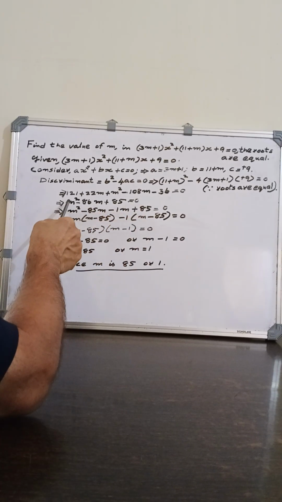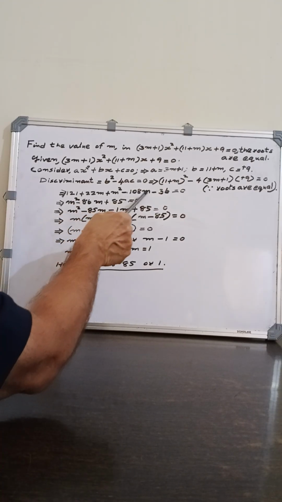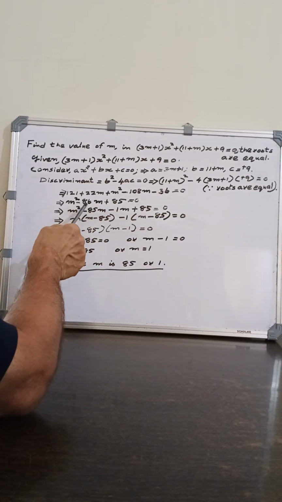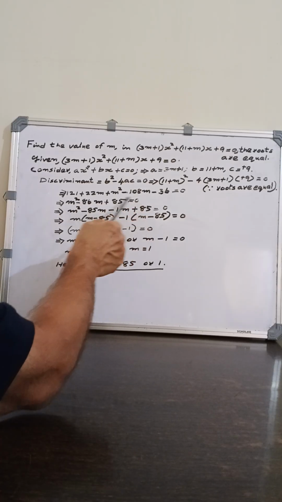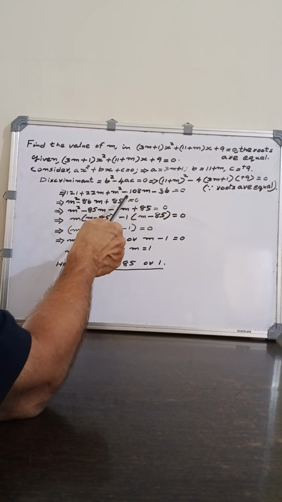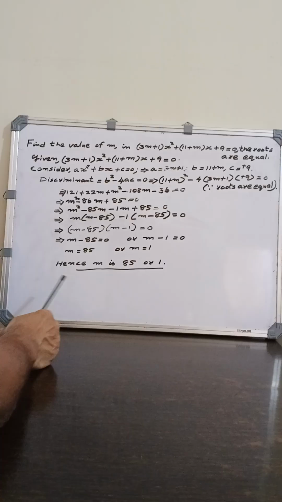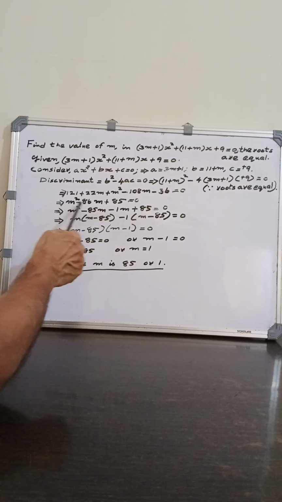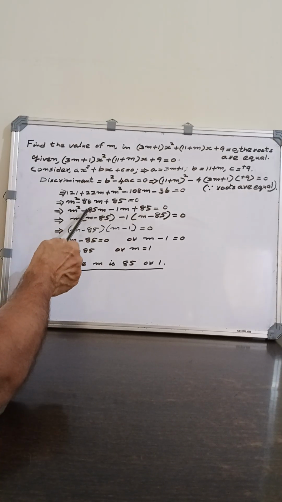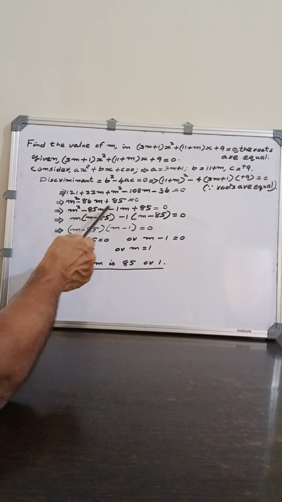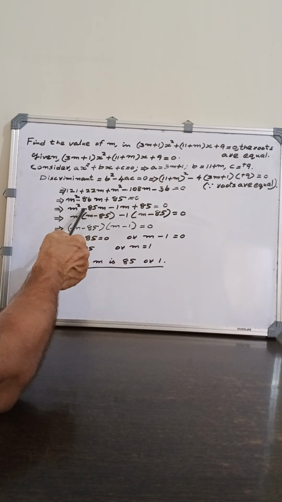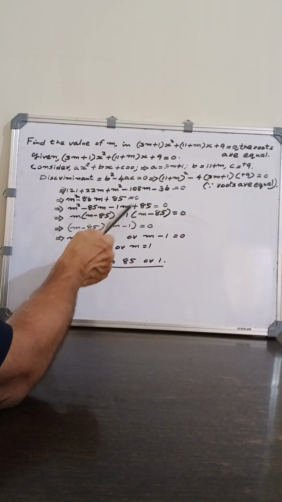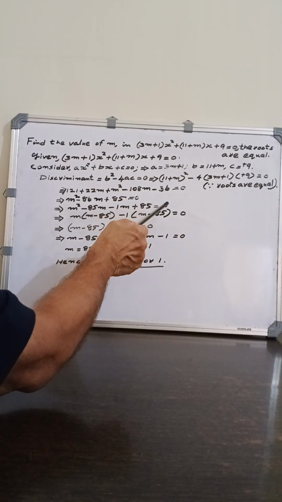m² plus 22m minus 108m results in −86m, plus 121 minus 36 results in +85, equals 0. Splitting the middle term, −86m is written as −85m − 1m, so m² − 85m − m + 85 = 0.